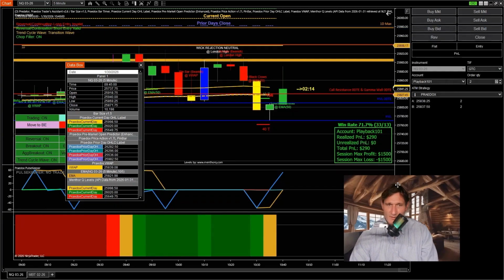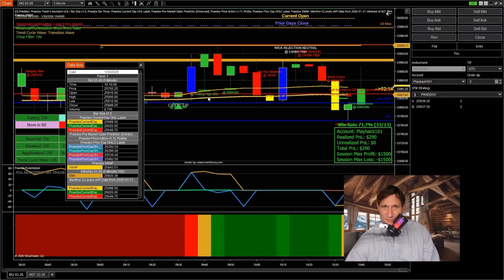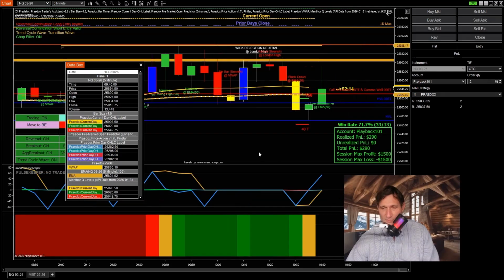I'm still trying to trade the open now because the Asian session hasn't been good with that open, and I haven't been around to trade that at the 6 p.m. open, but you could do this for the 6 p.m. Globex open as well.